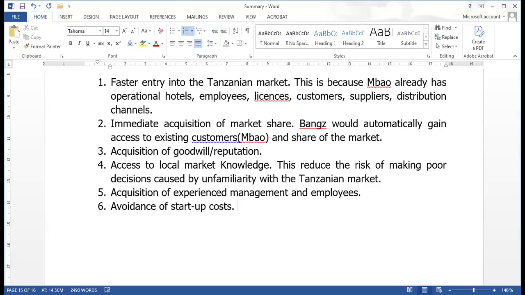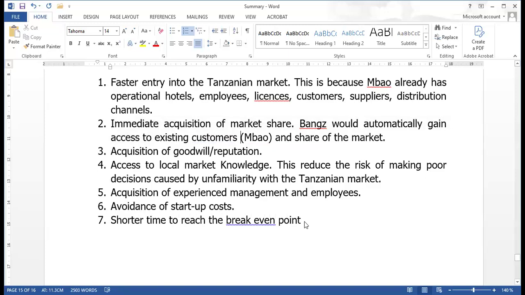What else? Shorter time to reach the break-even point. That is also something that you can look at. It is easy to do what? To break even. A new hotel may take a long time before its revenue becomes sufficient to cover its what?